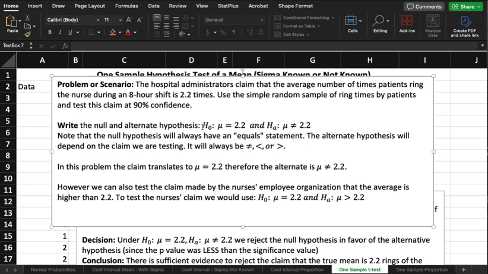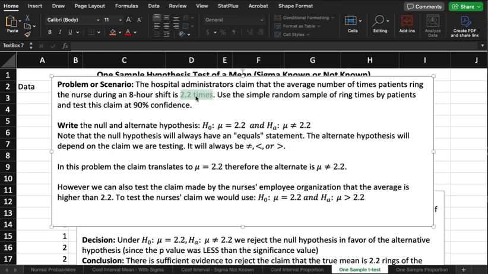In this case, H0, which is called the null hypothesis, H subscript 0, is going to be the true mean mu equals 2.2. Remember, the Greek letter mu represents the true mean, and the hospital administrators are claiming that it is 2.2.